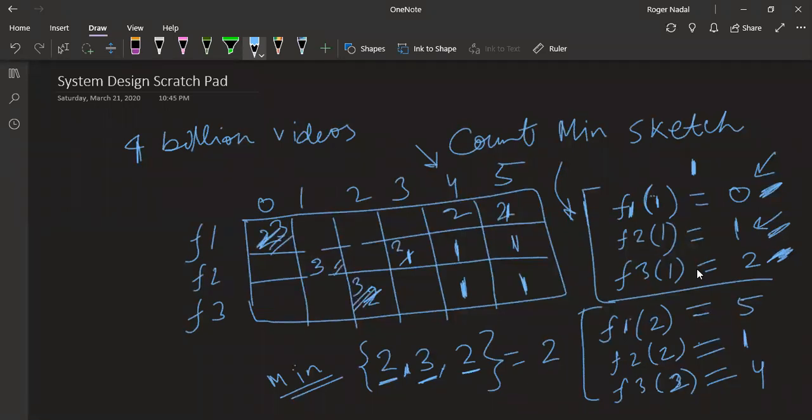But video 1 only did run for 2 times, if you remember. So you can get overcount. It will never undercount. It's overcount, but never undercount. So that is one important thing to keep in mind: if you're going with this, you may overcount things, but never undercount.